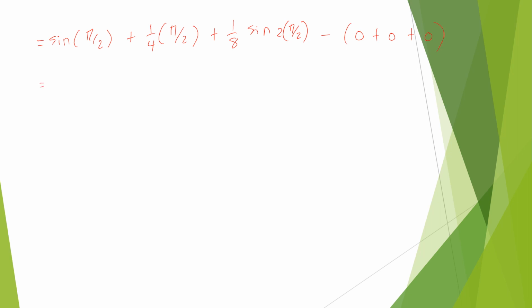Sine pi over 2 equals 1. Sine pi equals 0, so this one is 0. So the answer equals 1 plus pi over 8. Okay, finish.